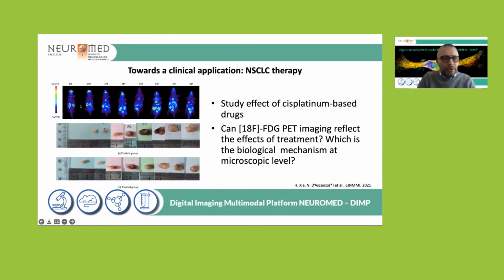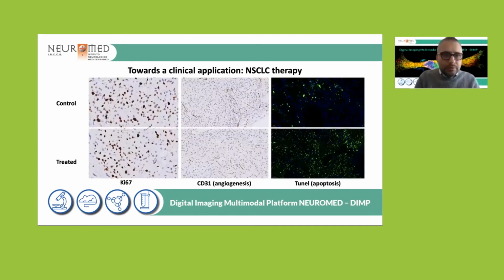a cancer model, and this is the cancer extracted for a control group with no treatment at all, and the treated group. Of course, the first obvious thing is that the treated group has somewhat smaller volumes. But that is trivial. If you go into more detail, the main difference between control and treated groups is no longer in the proliferation.